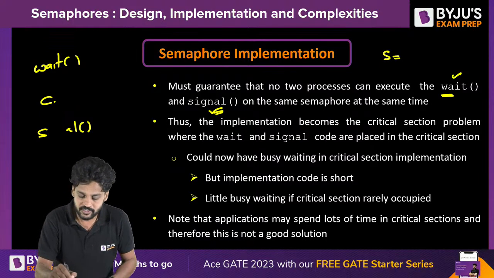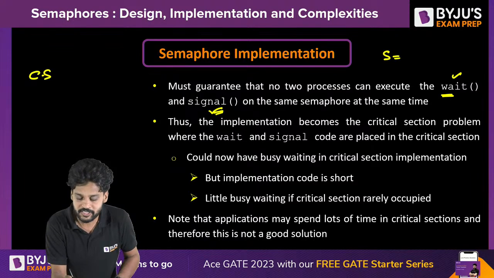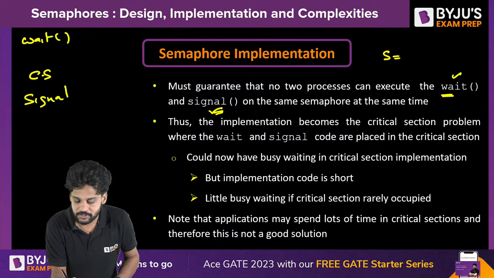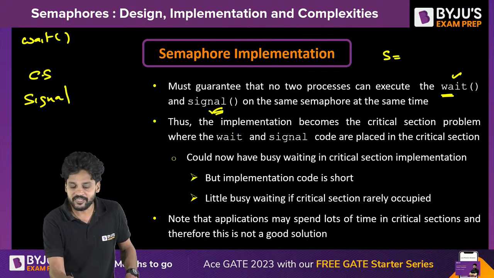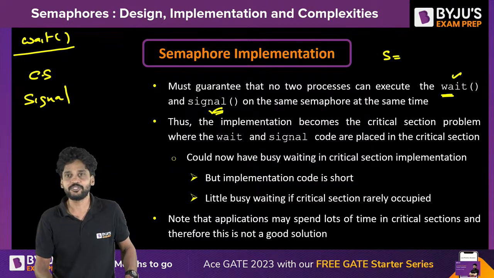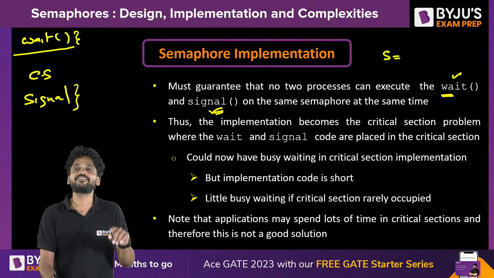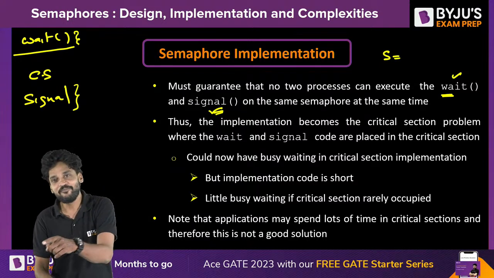I will rewrite it in order not to overlap. The critical section must be protected by wait and signal operations. In order to make sure these wait and signal operations are performed atomically, you need to protect them by using either a test and set lock or again mutex locks.